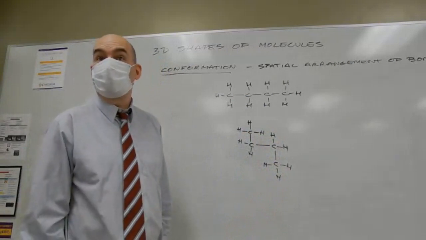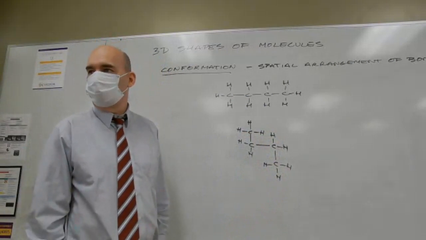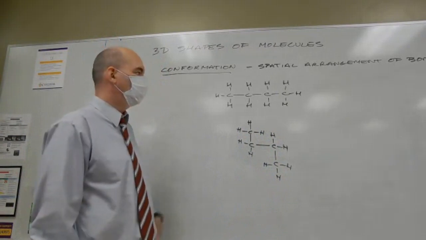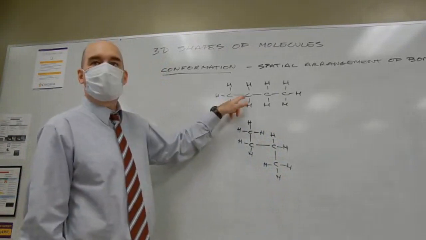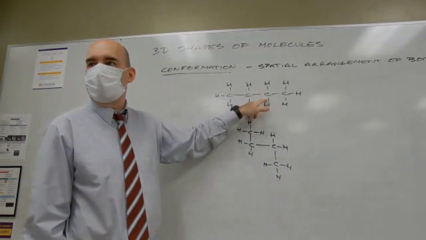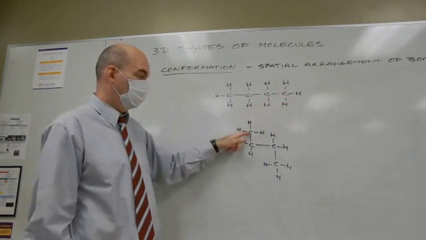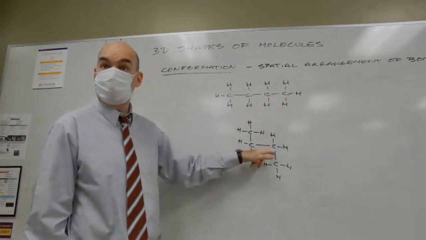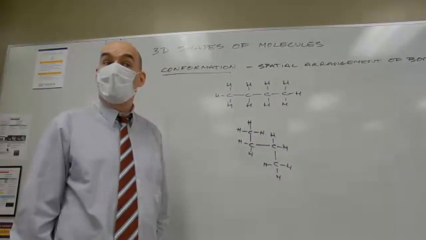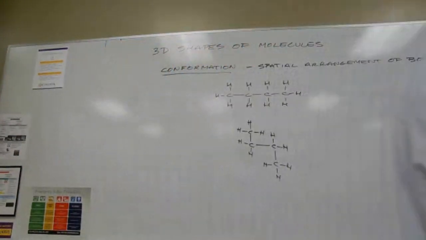The configuration is not different. The configuration is this carbon is bonded to that carbon, is bonded to that carbon, is bonded to that one. So the arrangement of atoms, the bonding system, is the same.